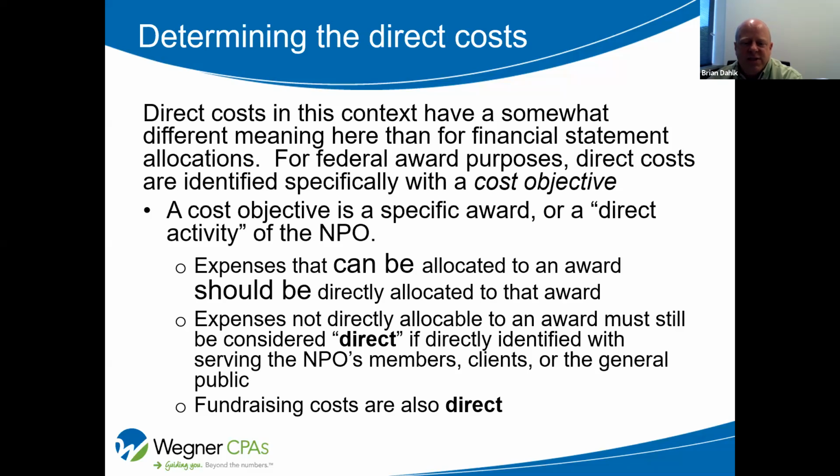Here, direct costs are things that you can directly allocate to a particular award or any other kind of direct activity of the nonprofit. If it's directly identified with serving the nonprofit's members, clients, or the general public, it should be assigned as a direct activity.